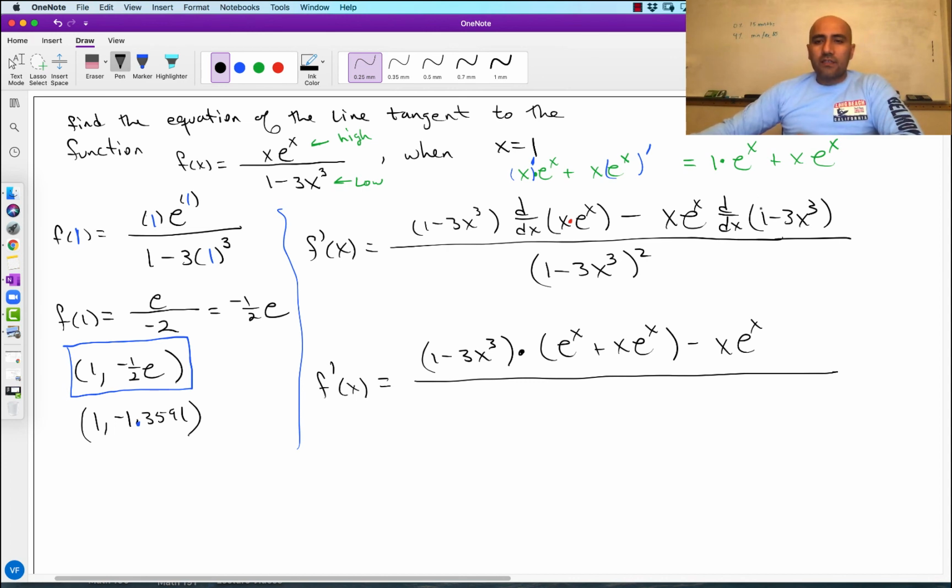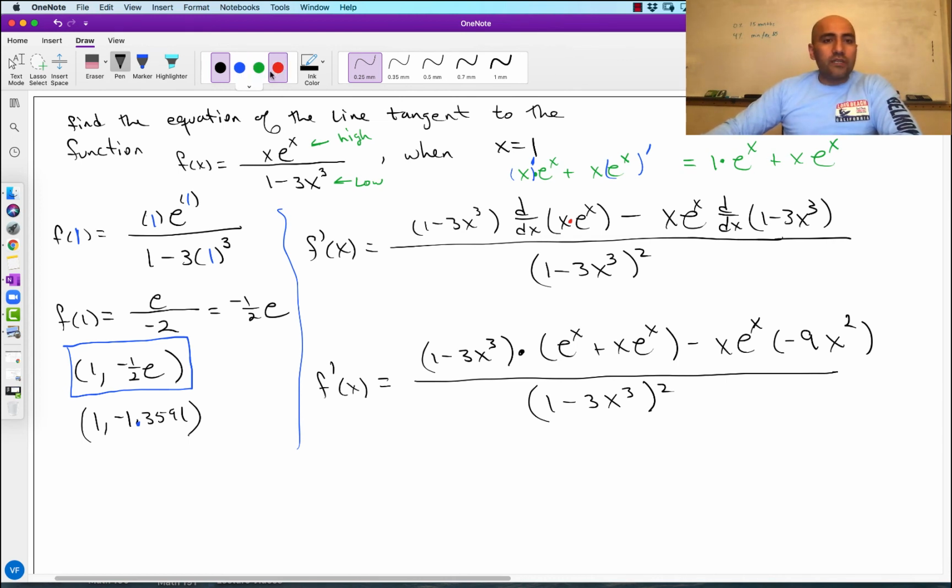The derivative of 1 is 0, and the derivative of this is going to be minus 9x to the second power. And now the denominator squared: 1 minus 3x to the third, raised to the power of 2. There it is. There's my derivative.